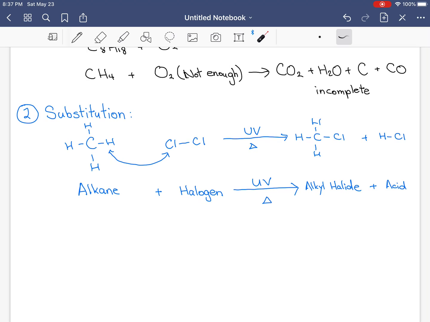So, that's what we know as, of course, substitution. So let's do another example. We have ethane, reacting, of course, with fluorine gas under the influence of UV and some heat.